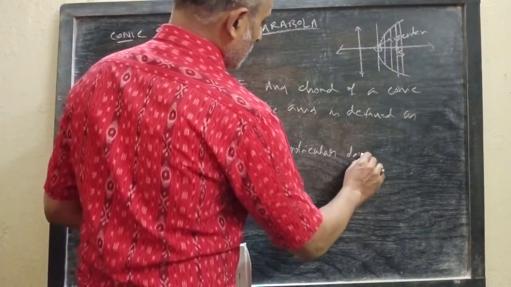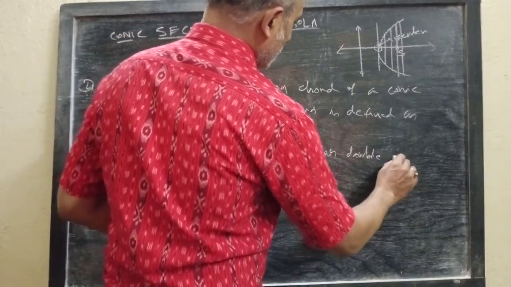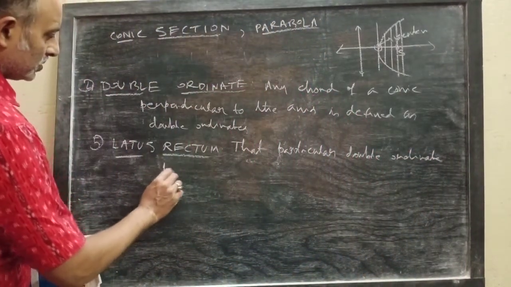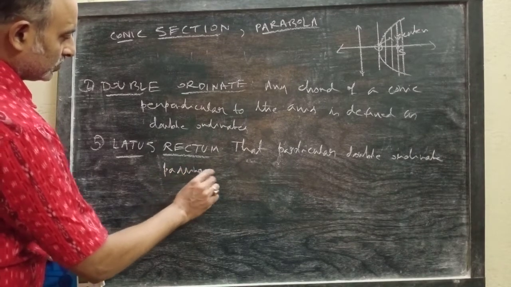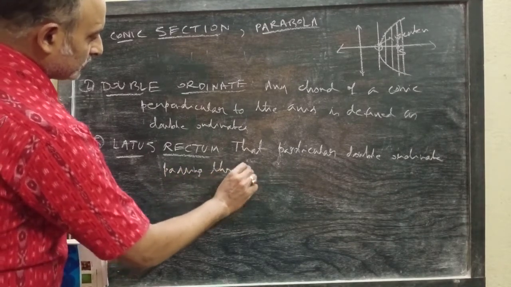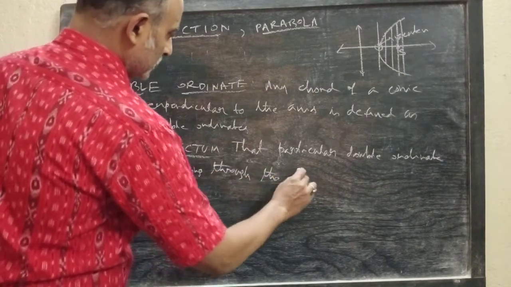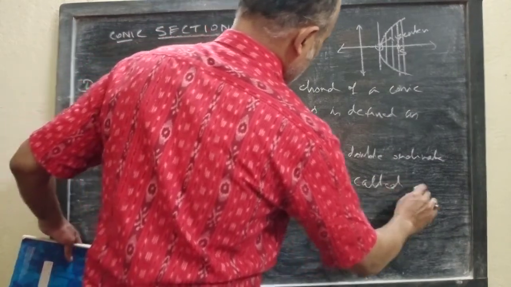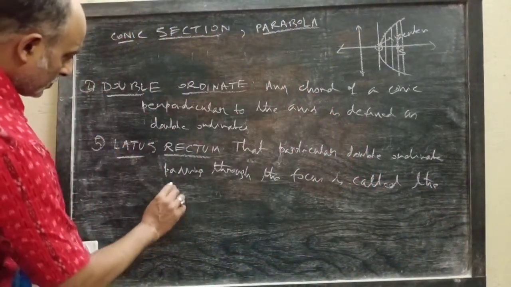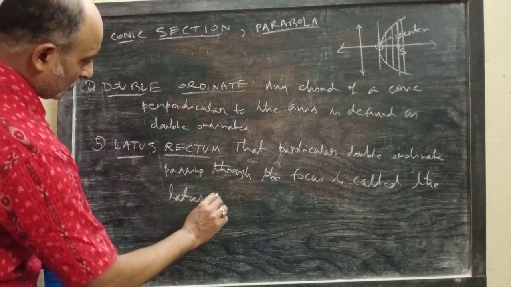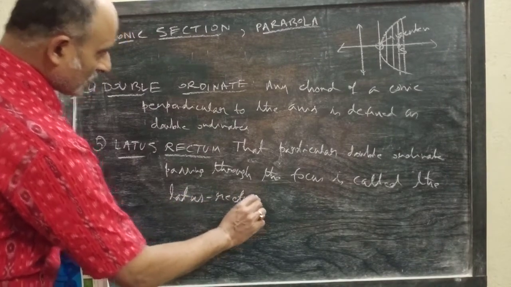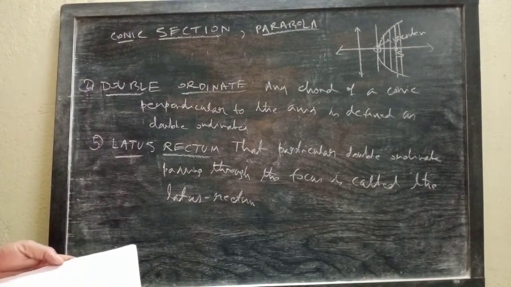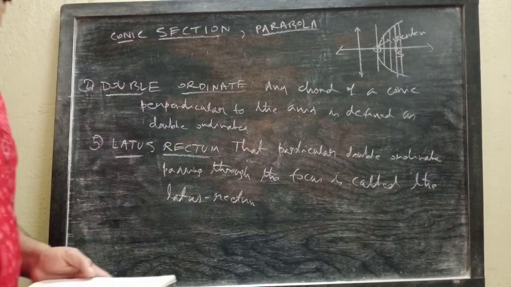That particular double ordinate passing through the focus is called the latus rectum. Okay. These are simple concepts that we have to know.